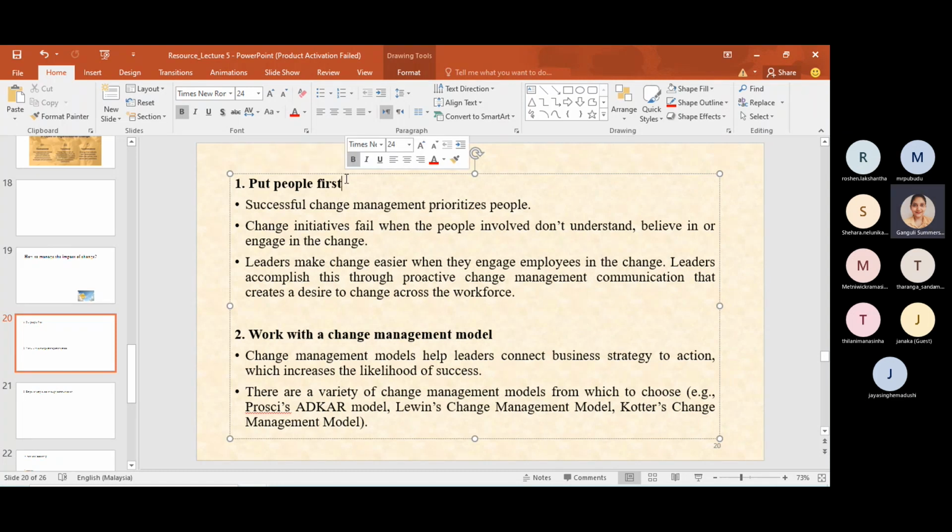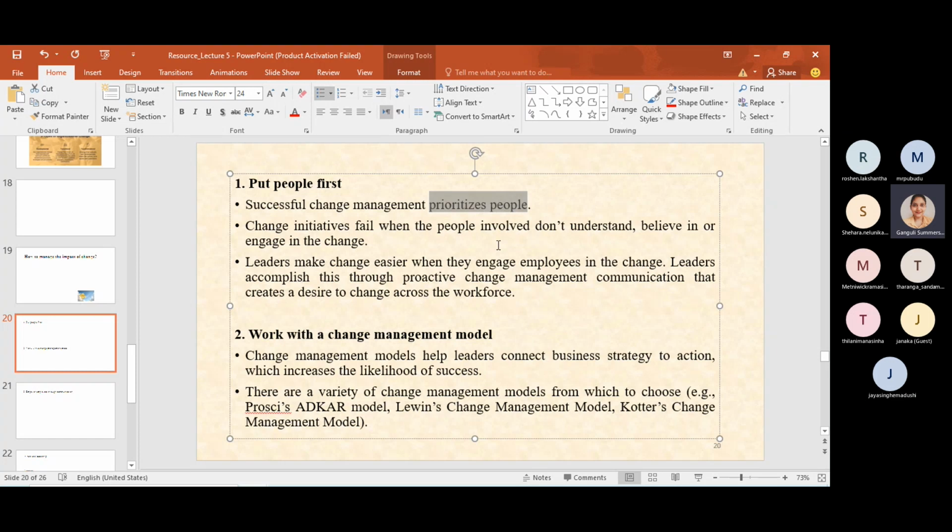Putting people first is one thing that you can do to manage the impact of changes. Putting people first means you need to prioritize people. You need to give first place to the people working in the company. You need to prioritize them.